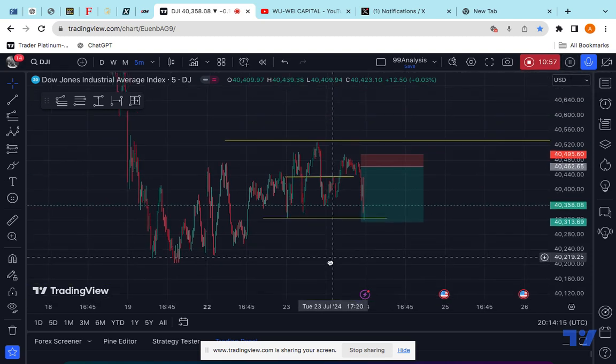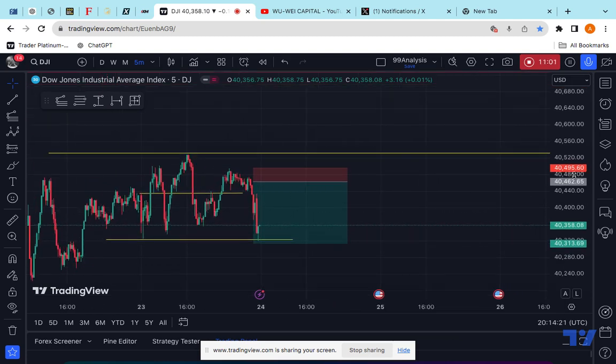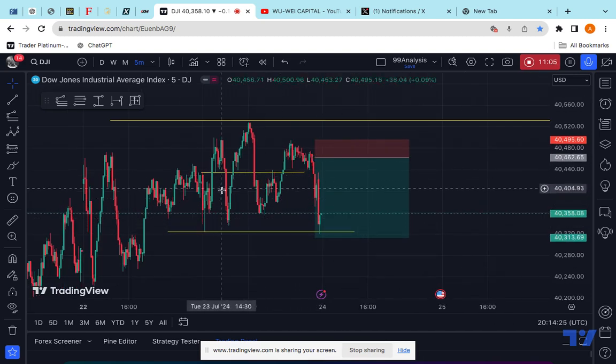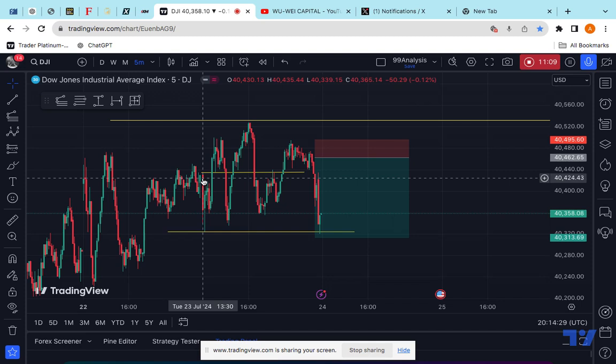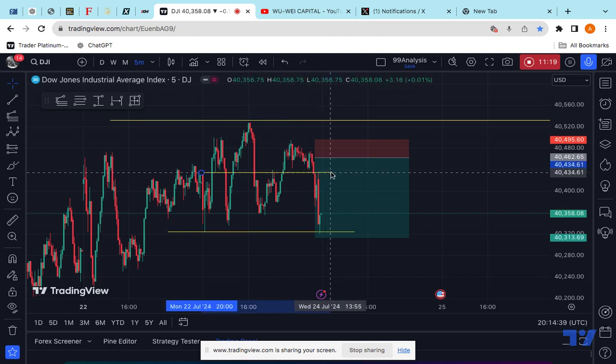Alright, so to begin, how I traded this market: the market is closed already, so we draw a line from the opening. This is the opening here. The opening is a very important line, which should be considered every time you are trading.